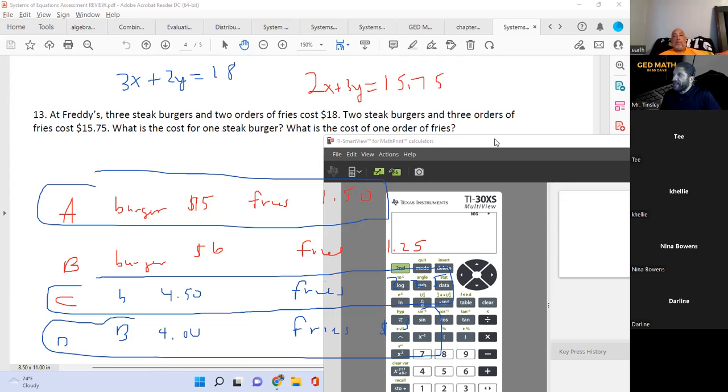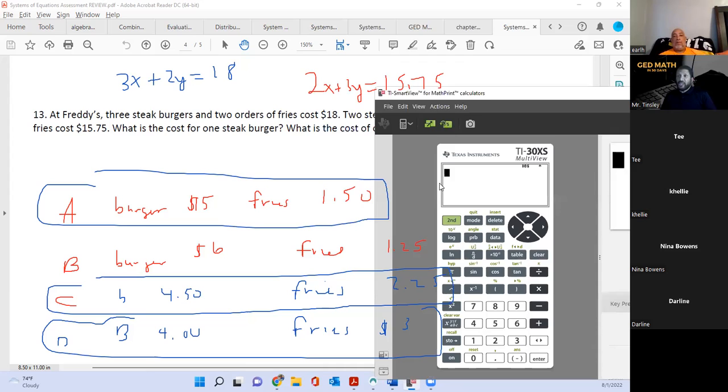So when you get that multiple choice on your GED exam, you need to store your x and your y. So my x is $5. My fries is $1.50. That's going to be my second variable. And I'm going to use my first equation. Well, we already showed you that it worked for the first equation. Let's plug into our second one. 2x plus 3y. If that works, we should get 1575. Do we get 1575?